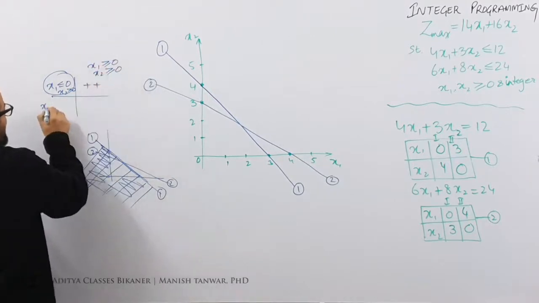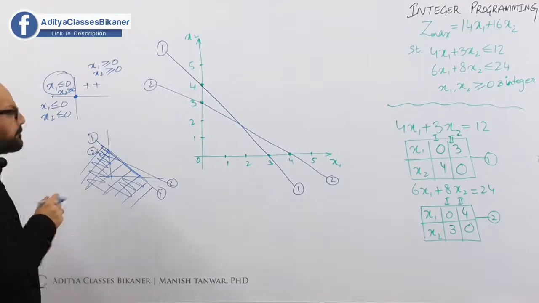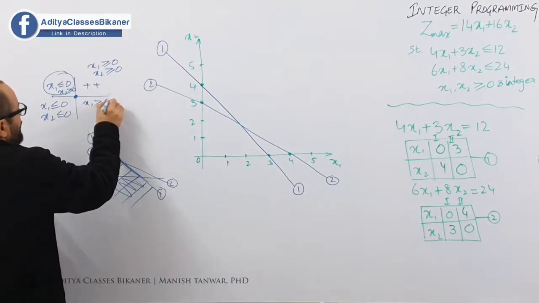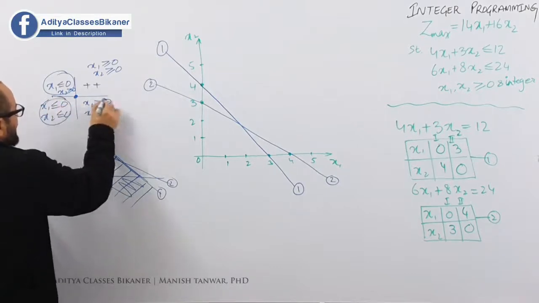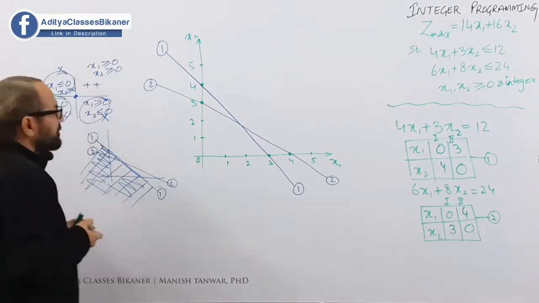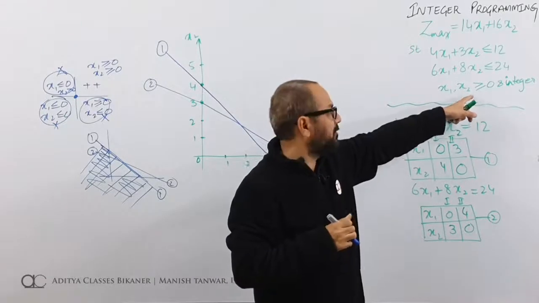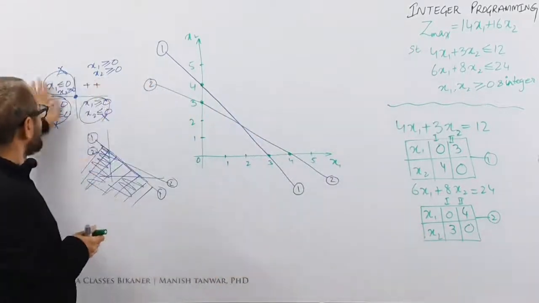This is an area where x1 is less than or equal to 0 and x2 is less than or equal to 0, because we have our origin over here. And here x1 is greater than or equal to 0, but x2 is less than or equal to 0. So all these three areas are rejected, because they are not accepted according to our non-negativity or physical constraint.